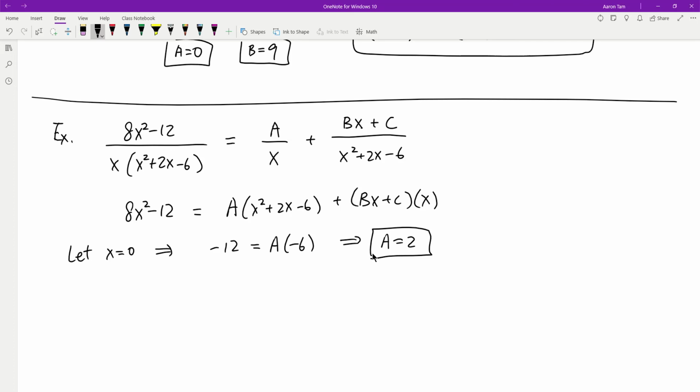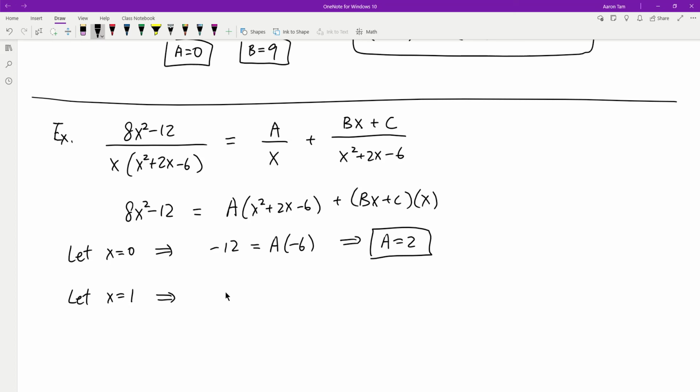Once again, there's no good x value that will work now, because the only number that works is 0, which will cause x to go to 0. But because this is an irreducible quadratic factor, whatever x value we choose that would make it equal to 0 would have to be imaginary or irrational. Both of them are not preferable for me to plug in. That would just make the math way more complicated. So I'm going to go for the next best thing. I'm going to pick two numbers that I like. I'm going to pick 1.